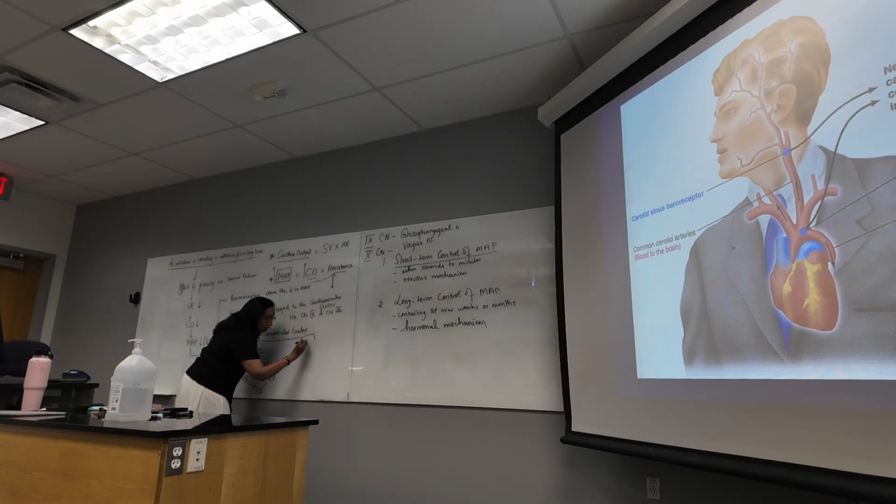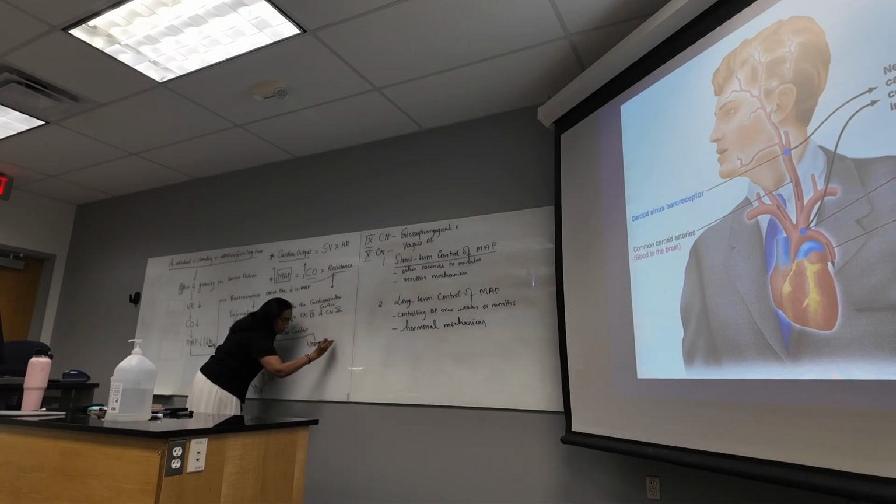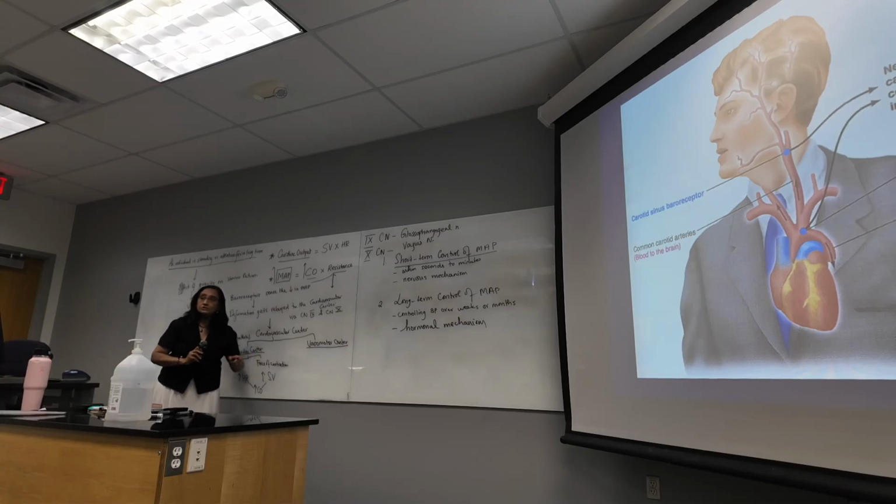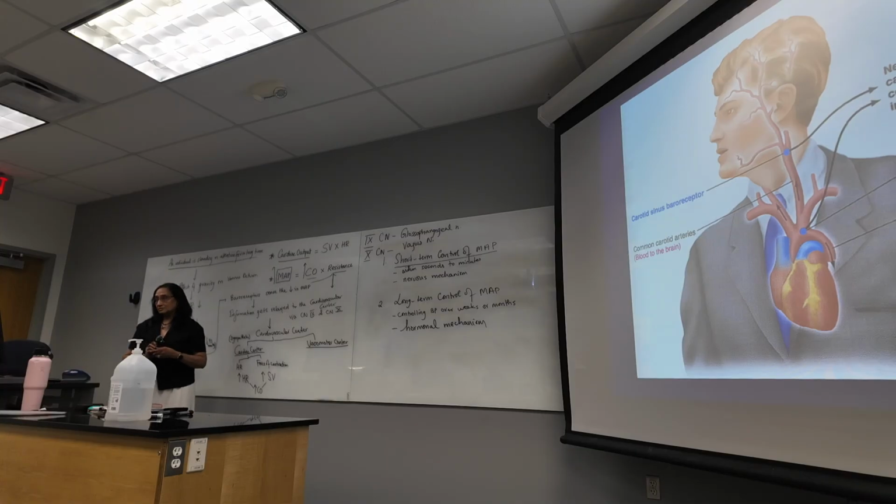Now here on this side, the vasomotor center, which has also received the information, has to change the resistance. So if you want to increase the blood pressure, what should happen to the arterioles? Vasoconstriction.